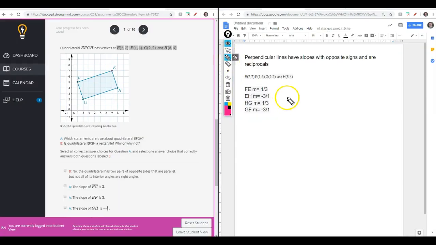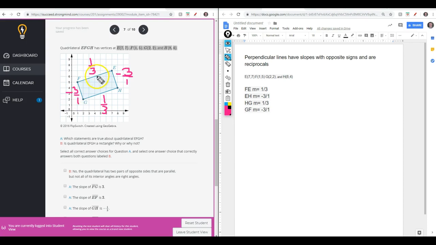Alright, so now that we know the slopes for each line, I'm just going to quickly label the slopes for each side so I can compare the opposite sides and the adjacent sides. So FE was 1/3, EH was -3, which is -3/1, GH was 1/3, and GF was -3/1.